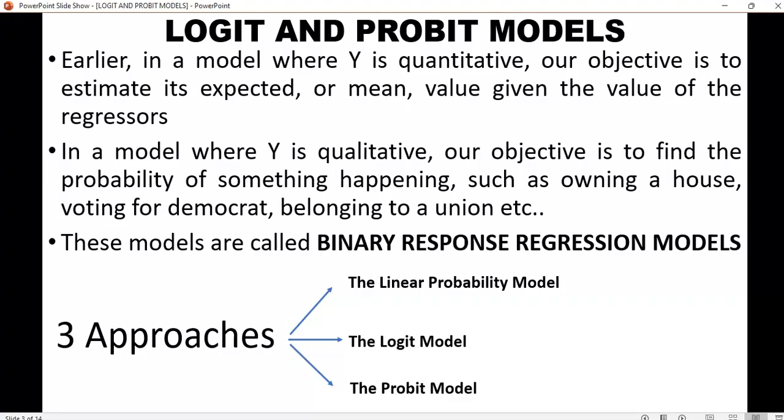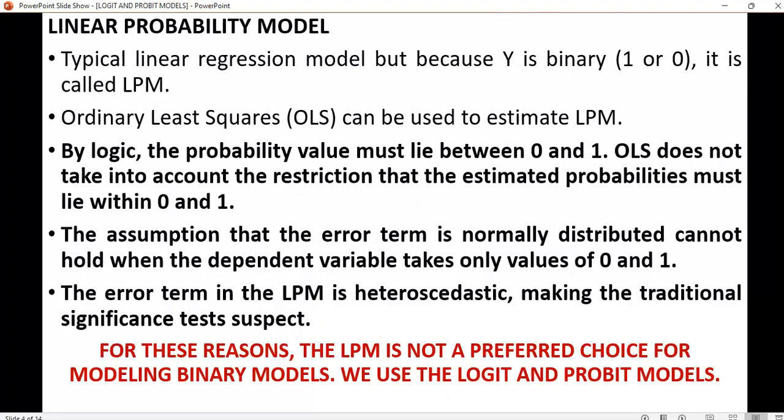In a model where y is qualitative, our objective is to find the probability of something happening, such as owning a house, voting for Democrats, belonging to a union, etc. These models are called binary response regression models, and there are 3 approaches to developing a probability model for a binary response variable. One of them is the linear probability model. The second one is the Logit model. The third one is the Probit model.